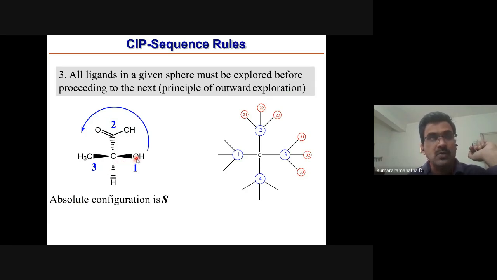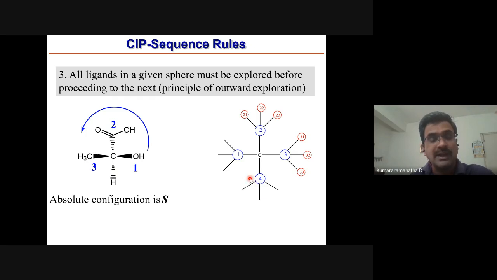Carbon attached to OH. Now C attached to C, OH, double bond O. If you have C attached to COOH, you can write it as C double bond O, single bond OH. So you don't think that here you have two oxygen atoms. It means this is the first priority and this is the second priority. Carbon attached directly to an oxygen group, because higher atomic number comes first, and then the second, and the third one is carbon attached to hydrogen. So now the absolute configuration is S.